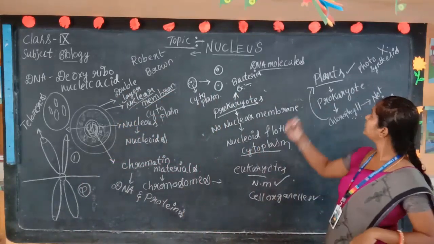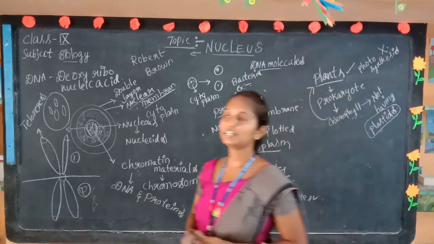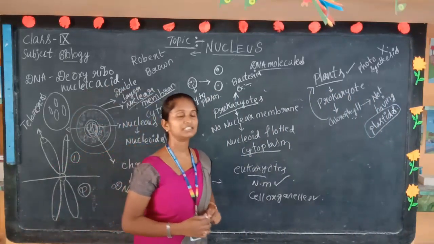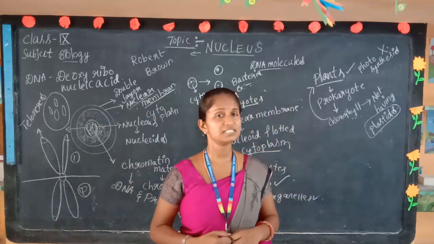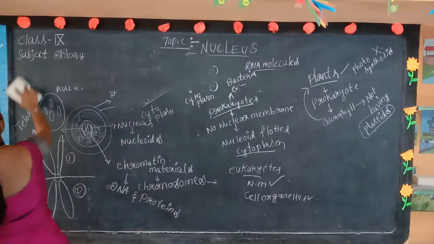We discussed the nucleus in this session, and I told you with the example of one activity. That activity is about the human organism having a nucleus. Students, we will continue with the activity.